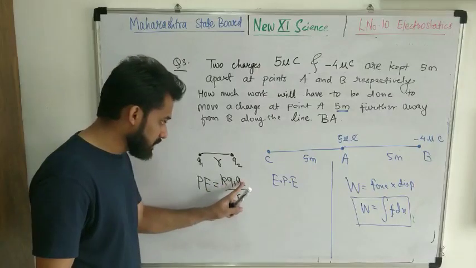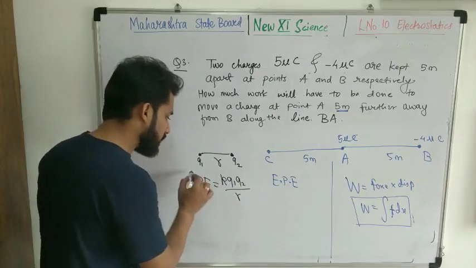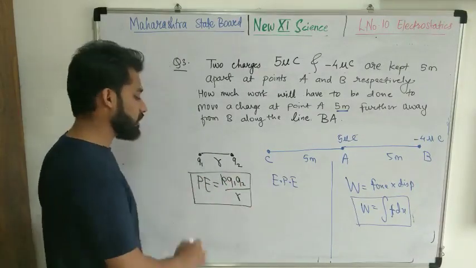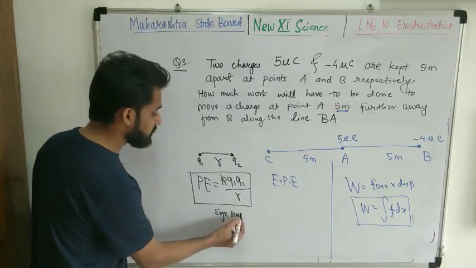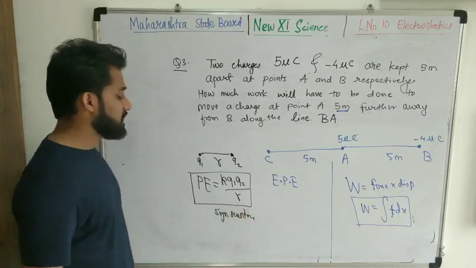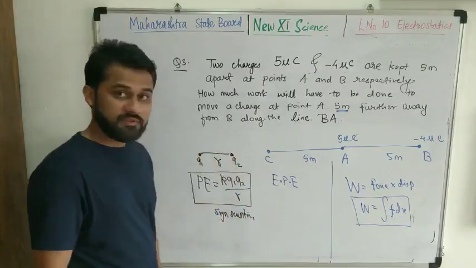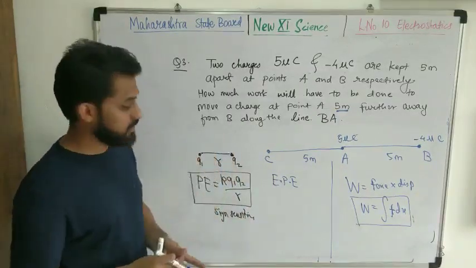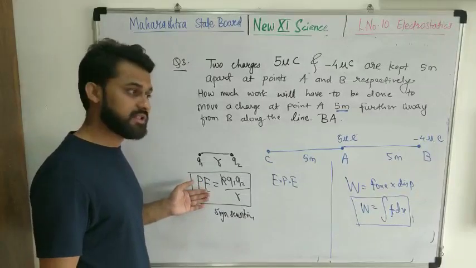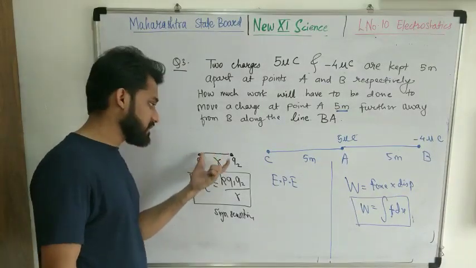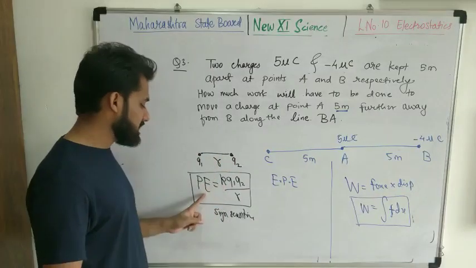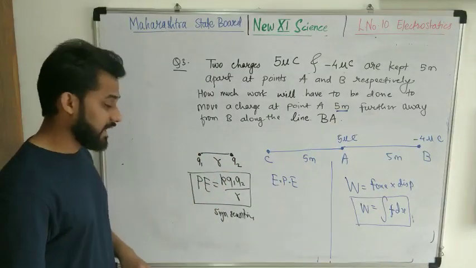K times Q1 Q2 over r, this is the formula of potential energy, and this formula is sign sensitive. What is the meaning of sign sensitive? Sign sensitive means if both the charges are positive or both the charges are negative, you get a positive potential energy. If the charges are unlike, one is positive, other is negative, then the potential energy comes out to be negative.